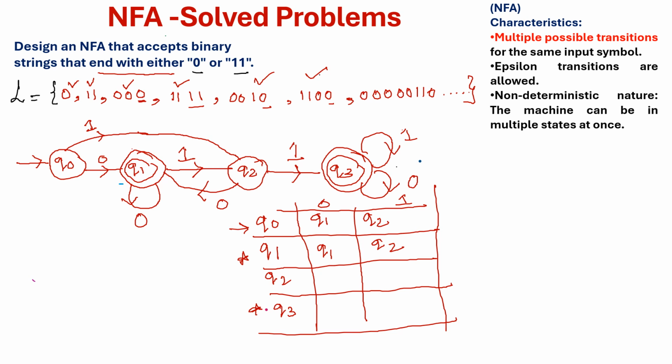Q2 on 0, Q1, Q2 on 1, Q3. Then Q3 on 0, Q3, and Q3 on 1, Q3.